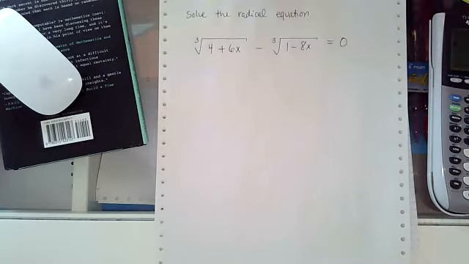Does anybody have any suggestions for what the first step for this problem should be? Put in power 3, both roots. Yeah, and it turns out that actually that's going to be our second step, right?